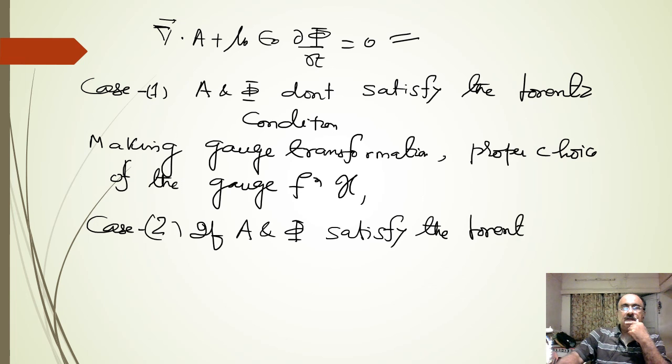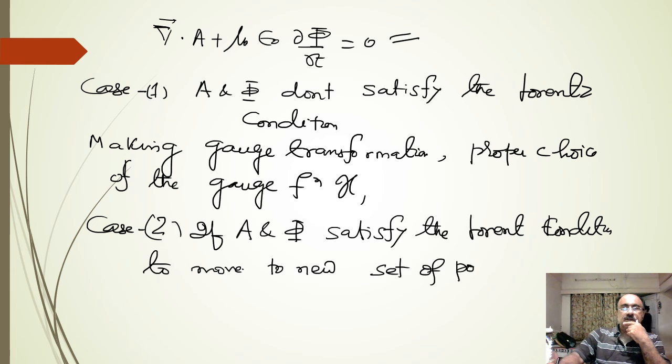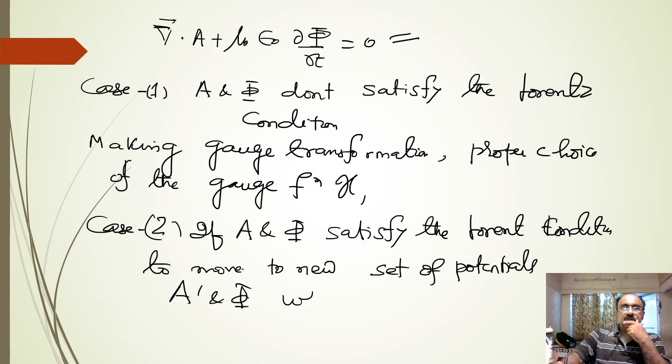Even then we can make gauge transformations to move over to a new set of potentials A dash and phi dash, which satisfy the Lorentz condition.